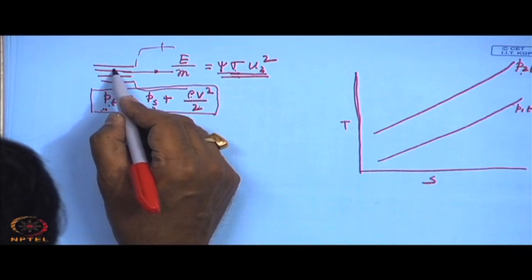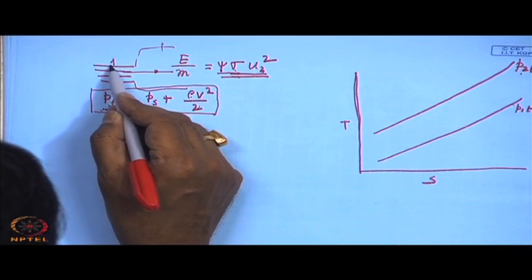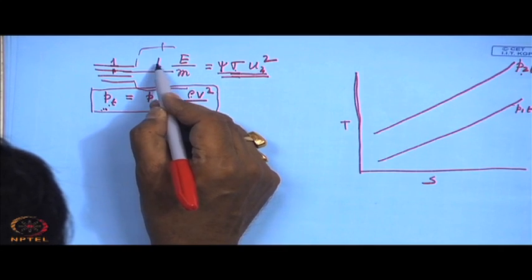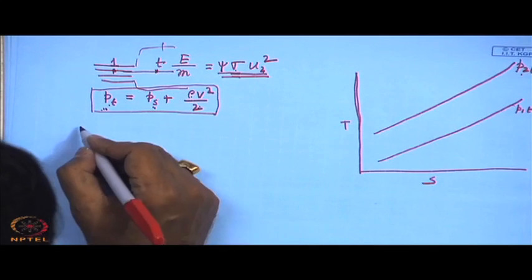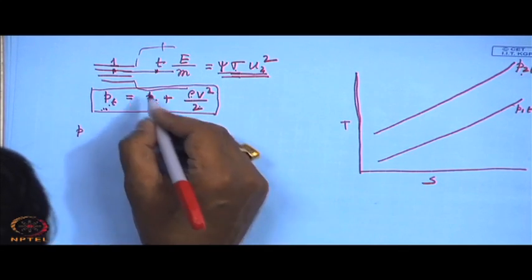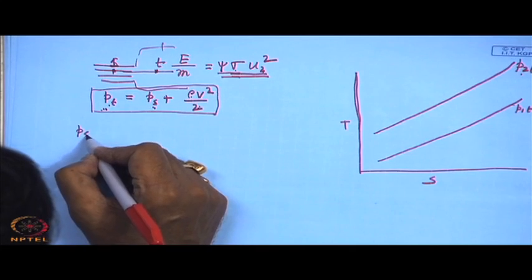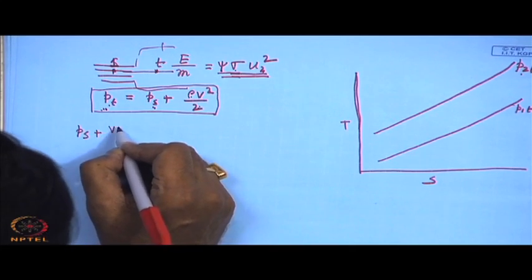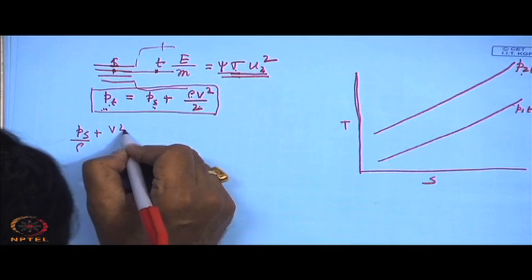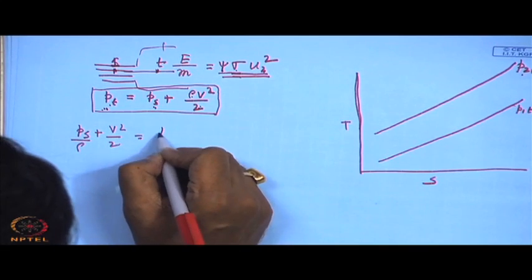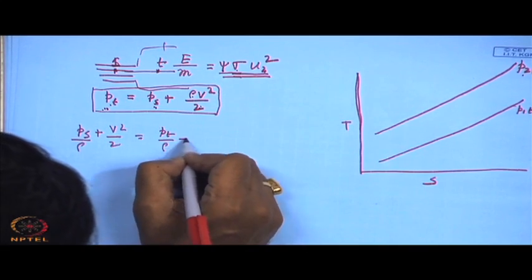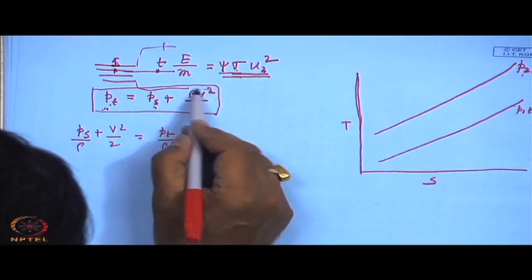Then we can write, for example, if this is the point 1, if this is the point T, for example, where the total pressure is obtained. So, therefore, Ps by rho plus V square by 2 is Pt by rho plus 0. So, which gives rise to this.